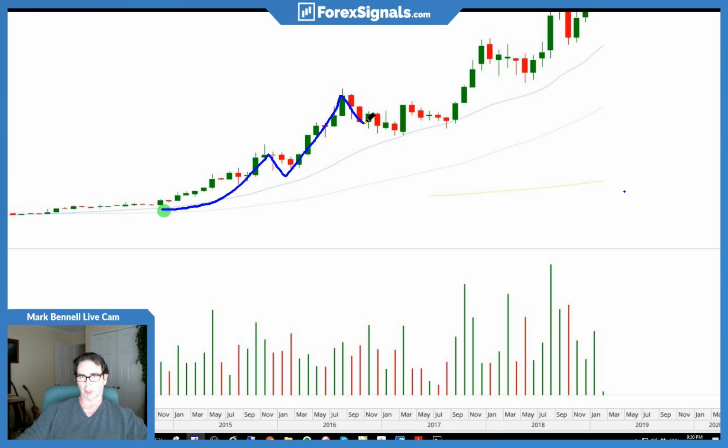Nice uptrend, weak pullback. I think this is 10 period. Push up. Multiple candles. Push up. Looks like a higher close. So we've created the ABC with a higher C.